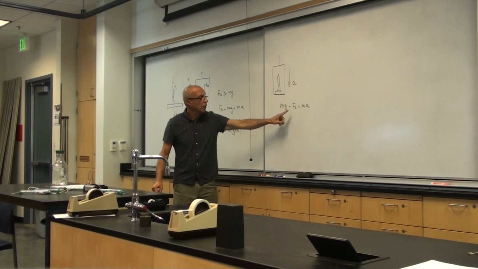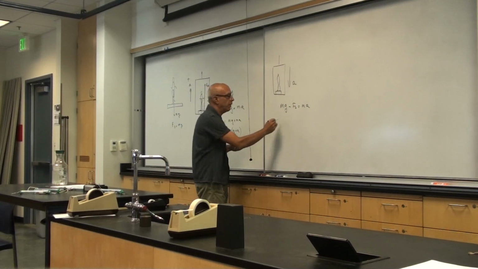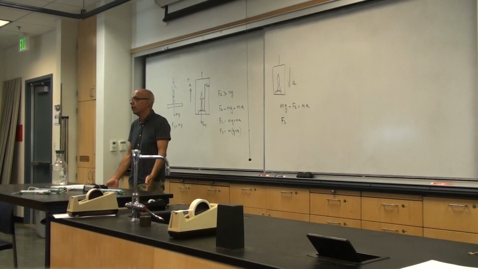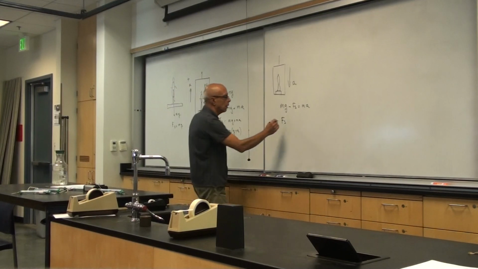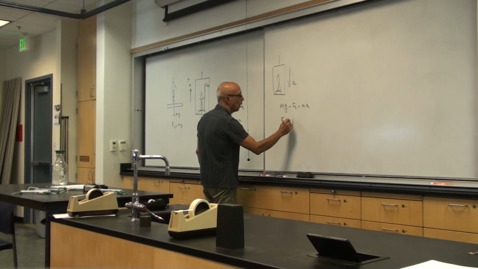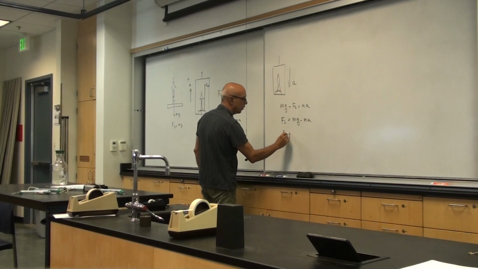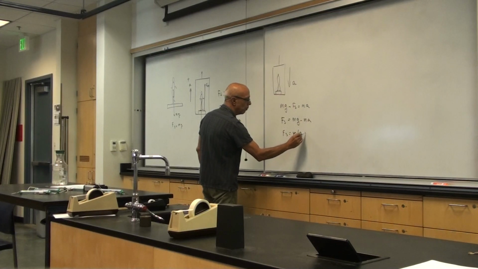All right? So when I calculate this, Fs is the reading on the scale, is going to be mg minus ma. And Fs is going to be m(g minus a).